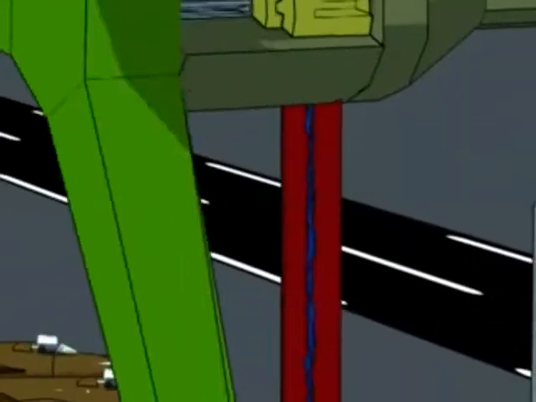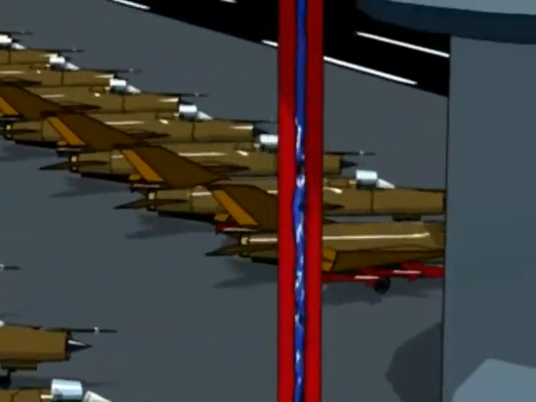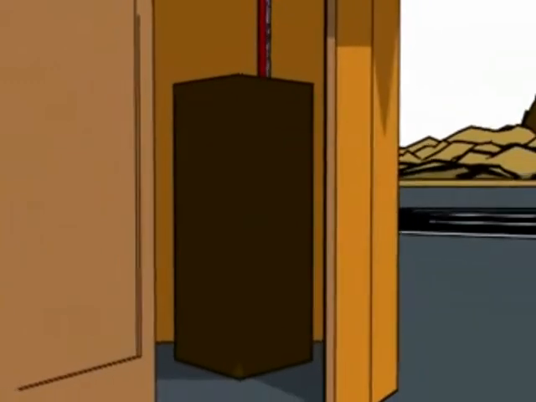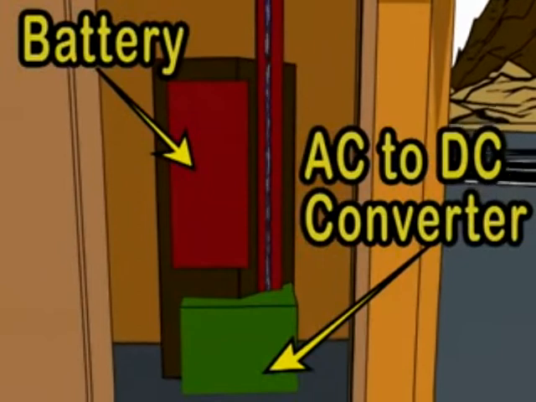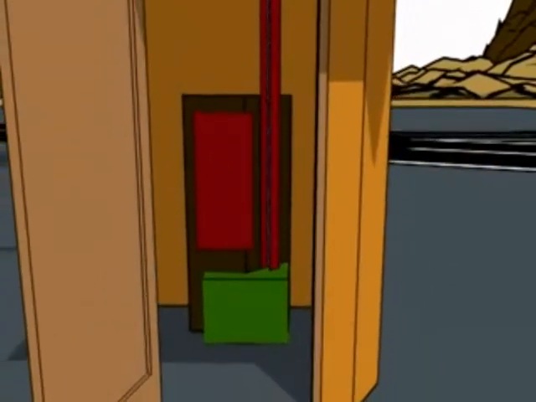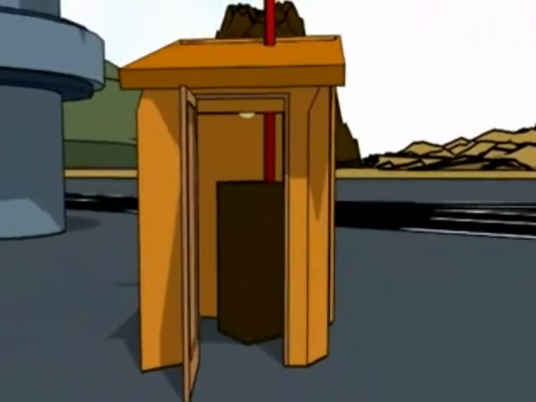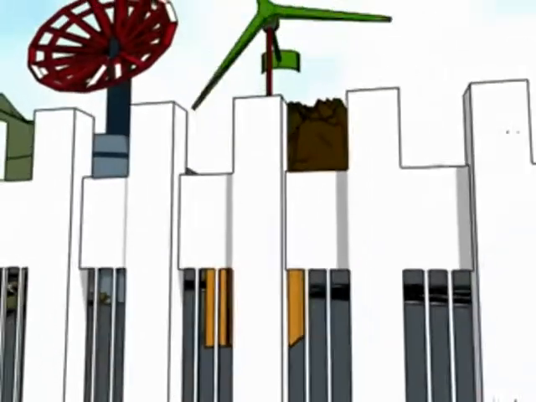This generates electricity. The converter makes the AC into DC power, and the battery stores the power for a stable output. And that is how wind turbines work.